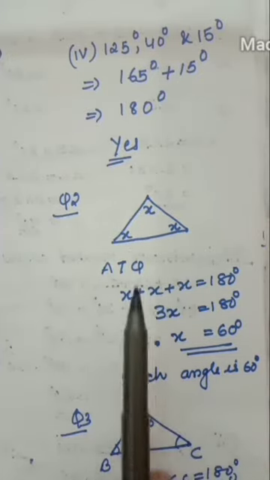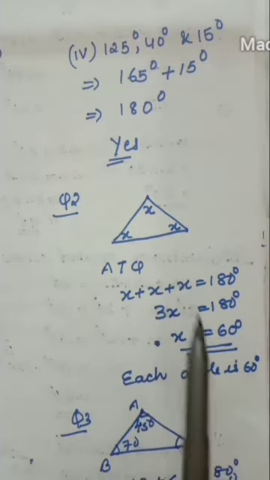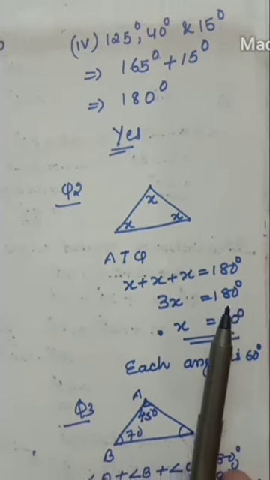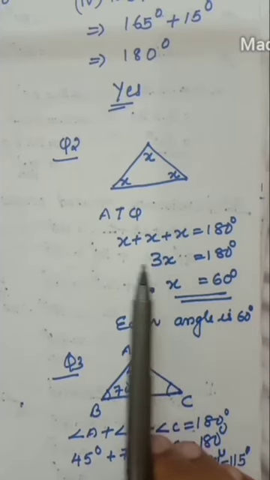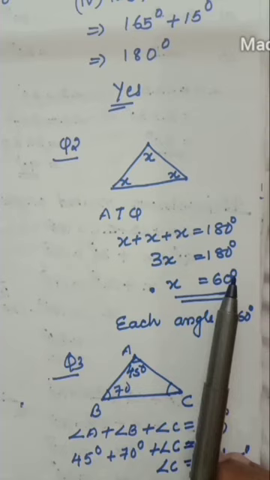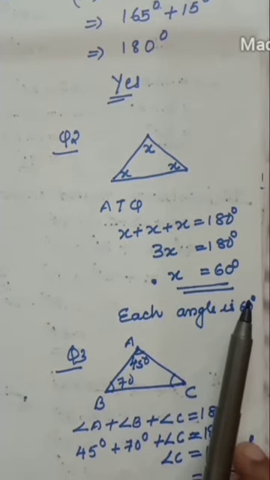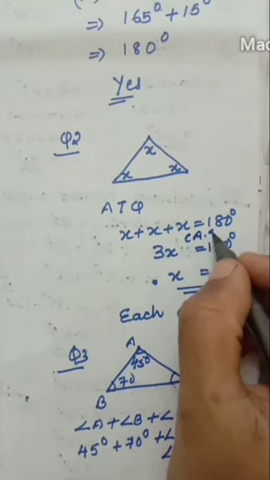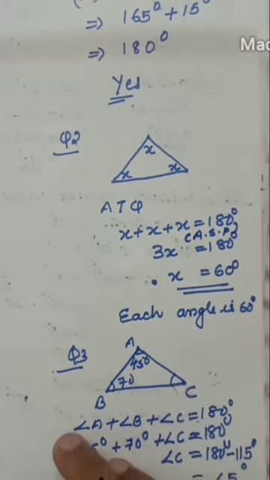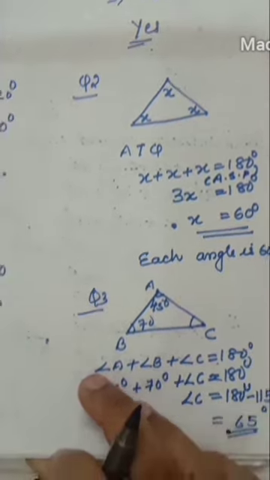How many x? 3x equal to 180, because you know that when you add three angles in a triangle, you will get 180. So 3 is multiplied here, it will be divided. You can cancel here. You will get x equal to 60. Each angle should be 60 degree. When you are writing, you have to write the reason: angle sum property. ASP meaning angle sum property.